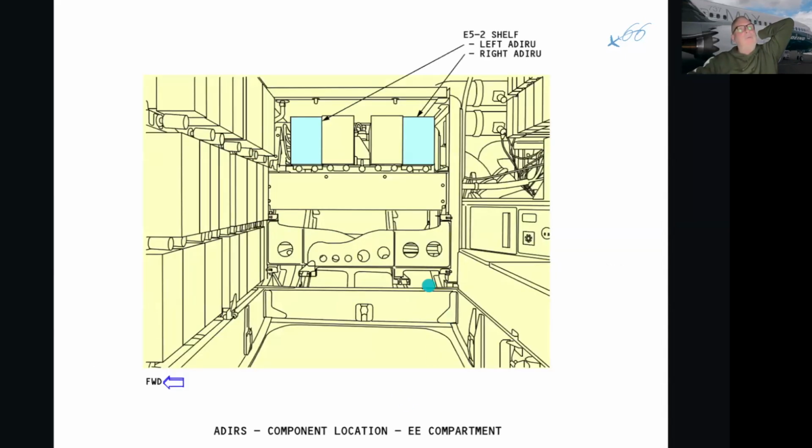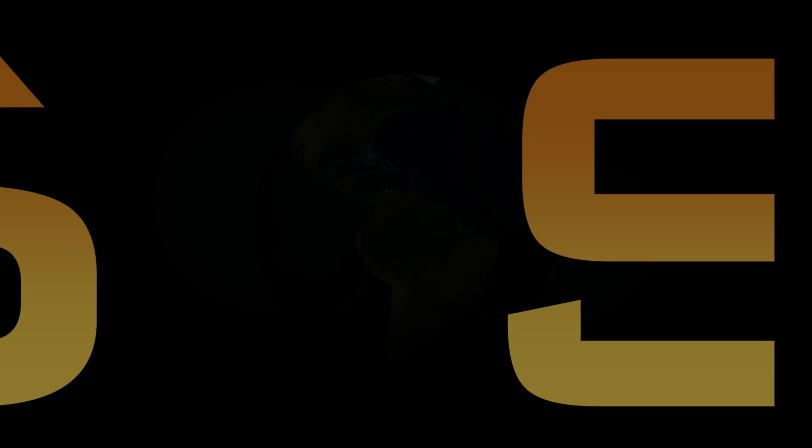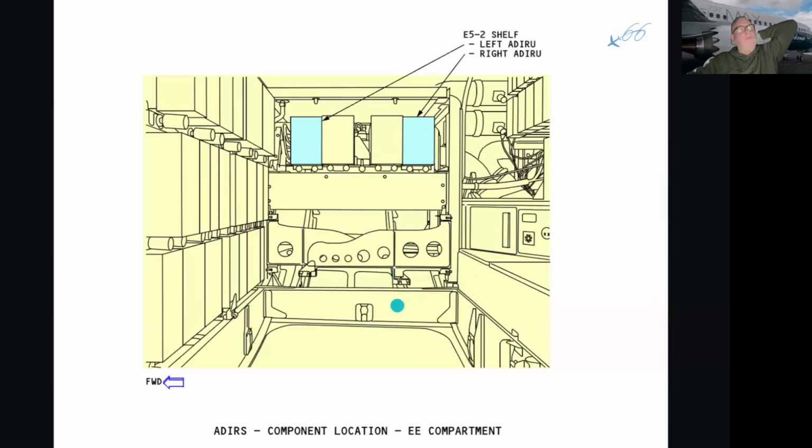The two boxes, left and right ADIRS, are in E5. Okay, so this will be if you're looking forward. So this is the E&E bay, and you are looking at the 3 o'clock position. So this here is E1, and this is straight ahead.